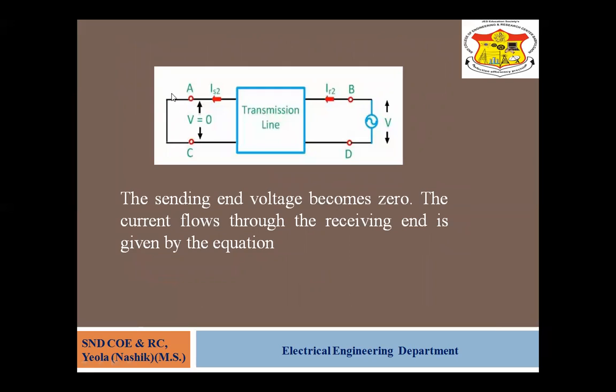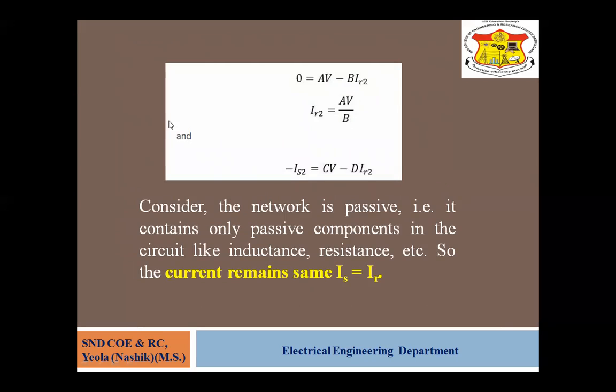Here, the input side is short circuited and the voltage is given to the output side. So when the sending end voltage is short circuited, the voltage becomes 0 at these two terminals, and only the current is flowing through the input side. The current flow through the receiving end is given by the equation 0 equal to A into V minus B into IR2.